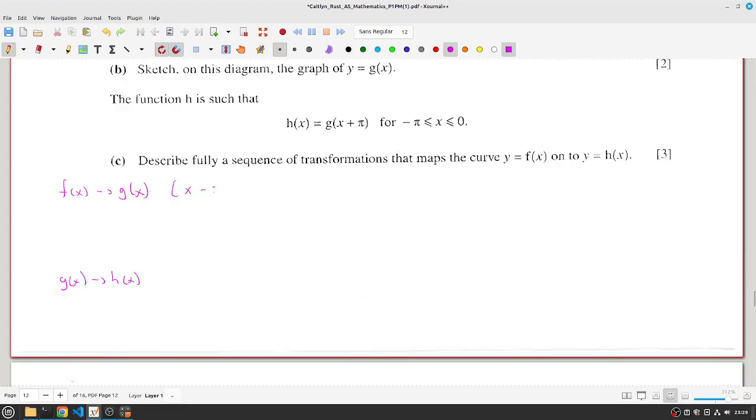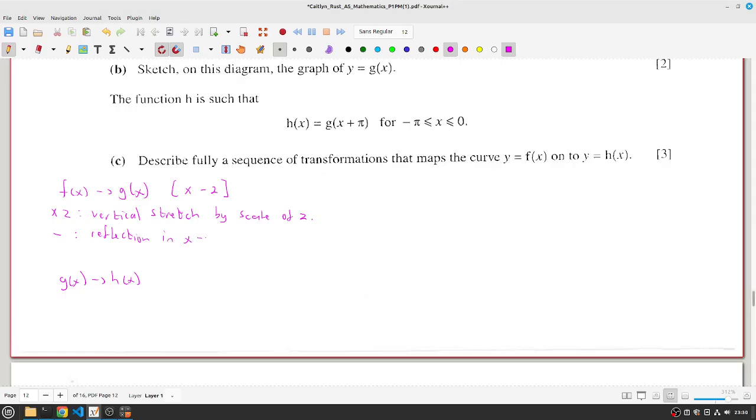So what transformations happen when we multiply by negative 2? Well, multiplying by 2, the times 2 part, is a vertical stretch by a scale factor of 2. The negative part does a reflection in the x-axis.